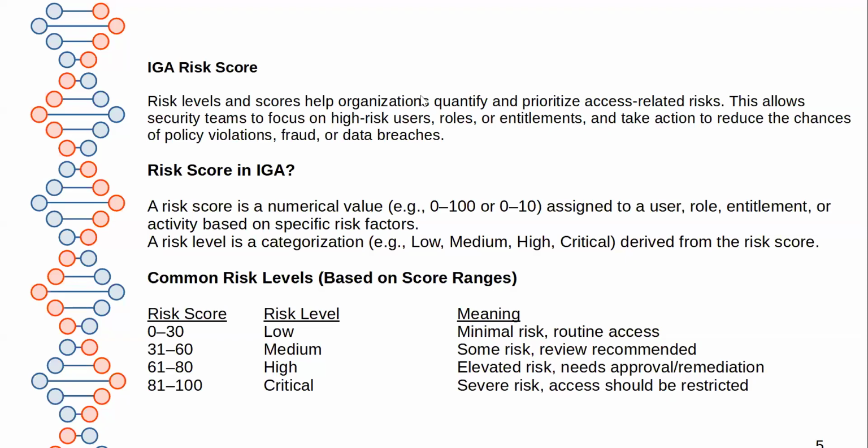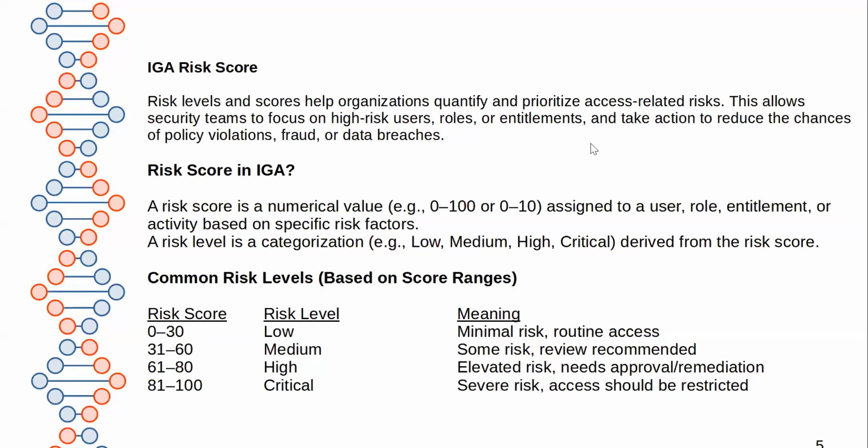It gives me the priority order of what I should do. This allows security teams to focus on high risk users, high risk roles, or high risk entitlements and take action to reduce the chances of policy violation, fraud, and data breaches.